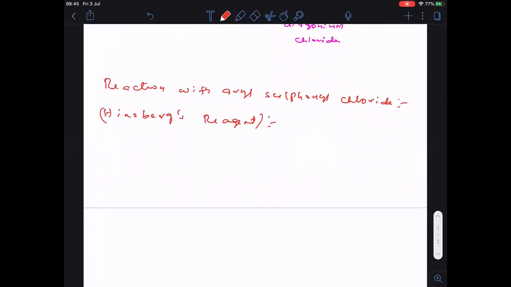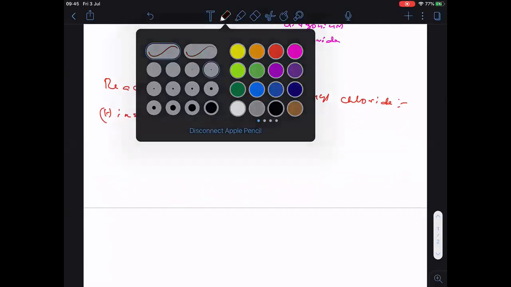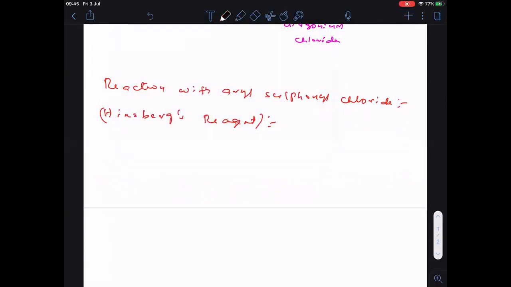Now, what is the reaction behind the Hinsberg reagent?